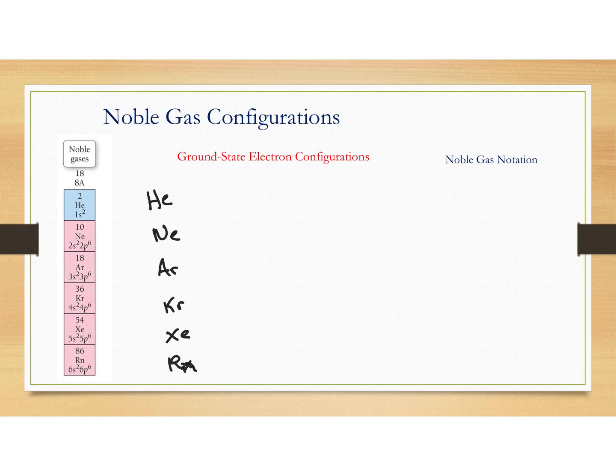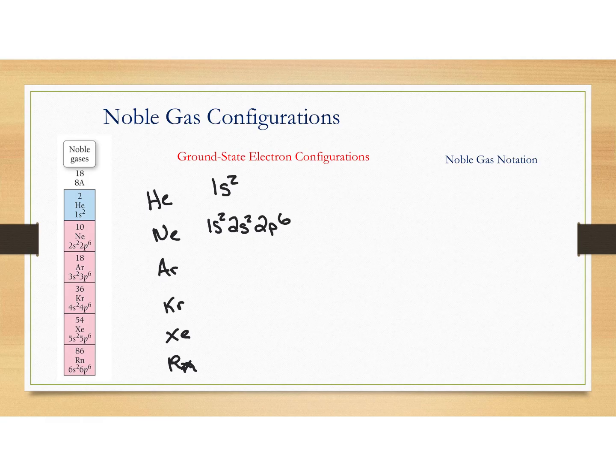Now, helium has 2 electrons. So the ground state electron configuration of helium is going to be 1s2. The ground state electron configuration for neon, which has 10 electrons, is 1s2, 2s2, 2p6.